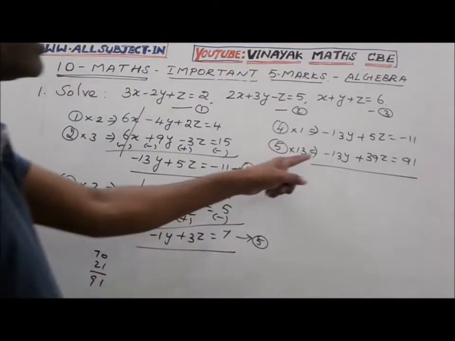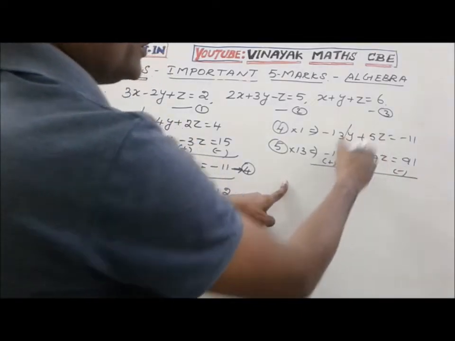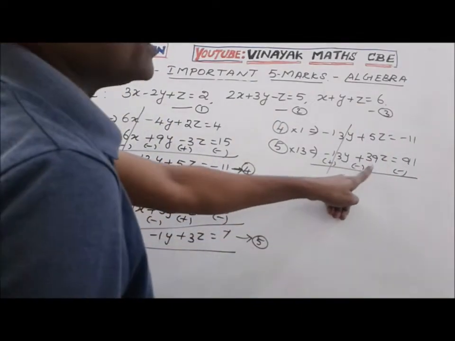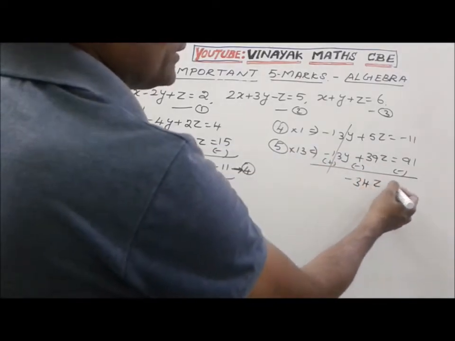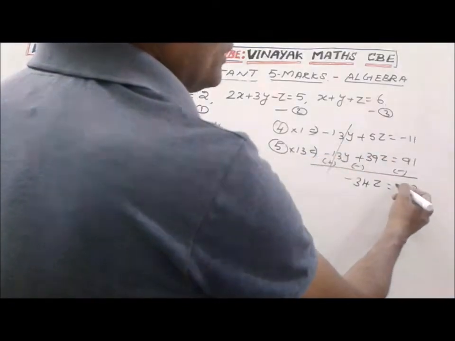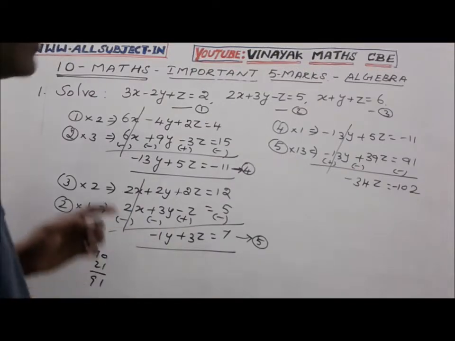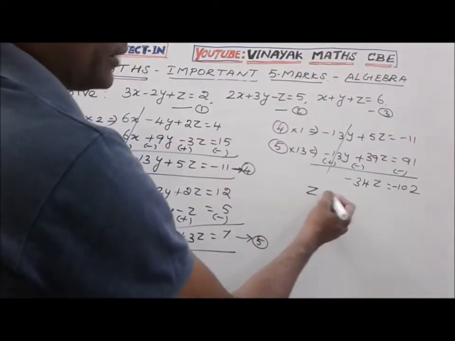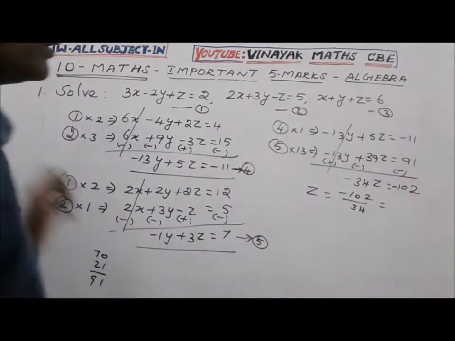Now they have equal signs, so we can subtract, changing signs. These two get cancelled. Here 5 minus 39 is minus 34z, equal to minus 11 minus 91, that is minus 102.